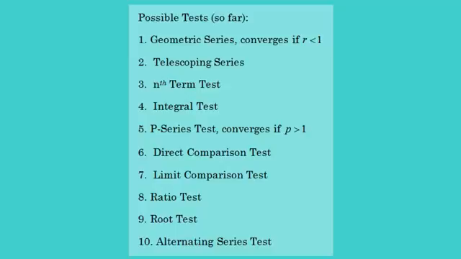We have geometric, telescoping, Nth Term Test, the integral test, the P-series test, up to 5, direct comparison test, limit comparison test, that's 7, ratio test, root test, and the alternating series test. All of those. Oh, wow.